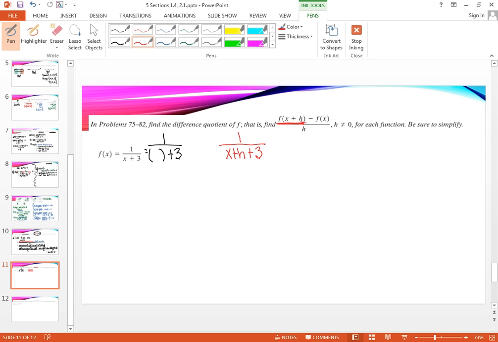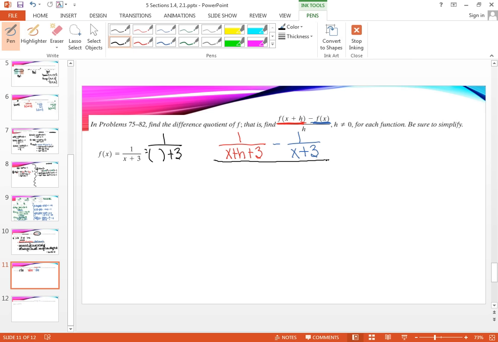There's nothing that's being multiplied into any parentheses, so we don't necessarily have to put that x plus h in parentheses. Okay. Then I need this part, minus f of x. So minus 1 over x plus 3. Right? So minus f of x, minus 1 over x plus 3. Again, with the parentheses, as long as I clearly put the subtraction in front of the fraction, I'm cool.